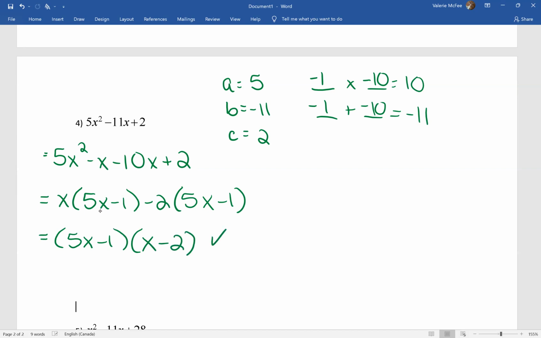Remember, you have to go all the way to that product. If you stop here, it's not correct. Factoring is asking for a product, a multiplication answer.